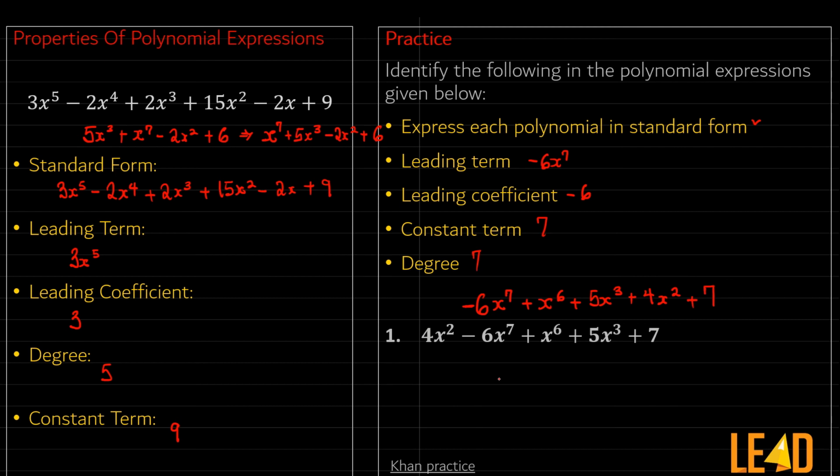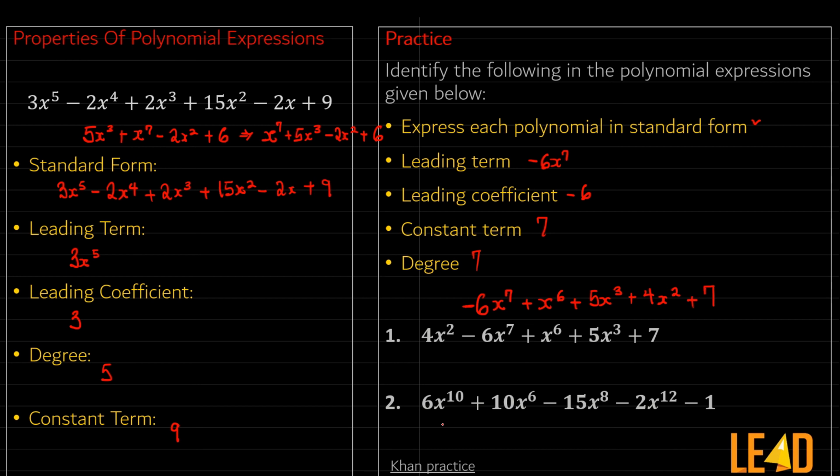Pause the video here, try this one out, and when you play it, we will continue. Okay, so I'm doing this one now. First, we start with the polynomial in standard form. So I'll just write that under here.